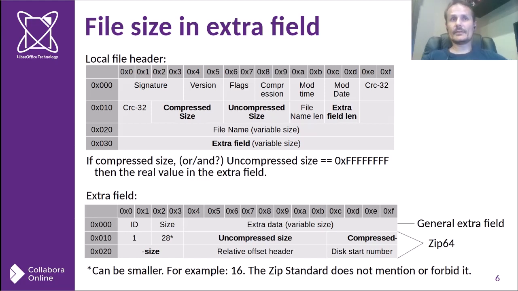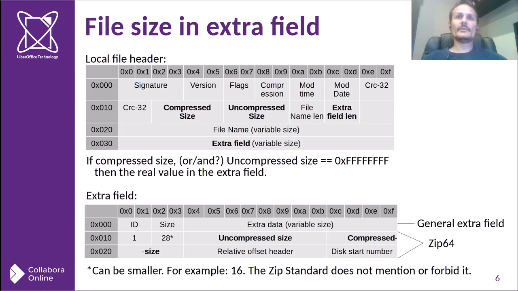So let's check the extra field. The extra field is an array. It's not just one value. We can have many extra field data in it. In the general case, an extra field has a 2 byte long ID, a 2 byte long size, and extra data that is as long as the size.